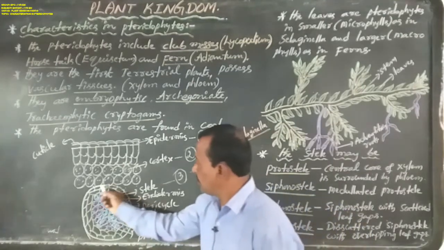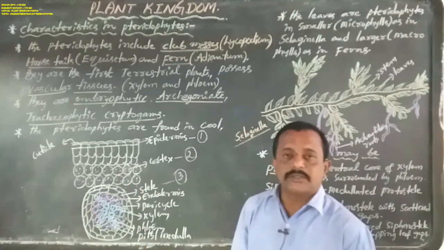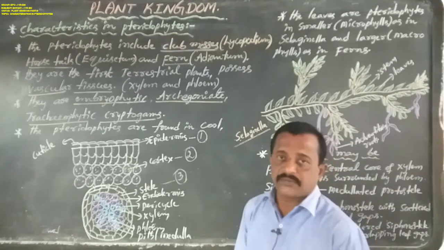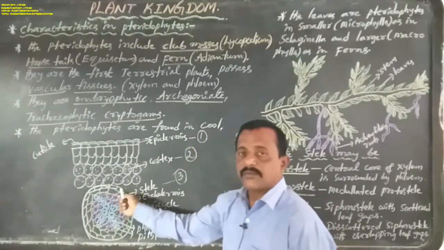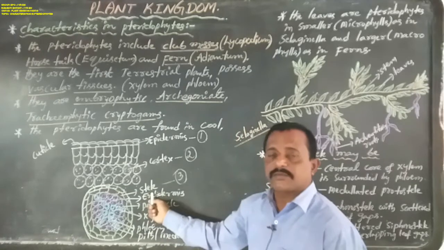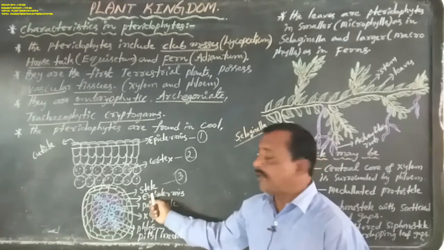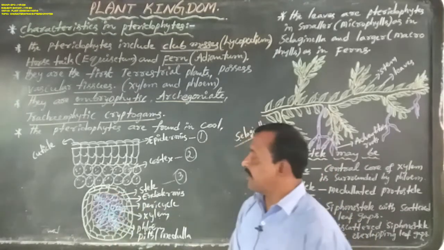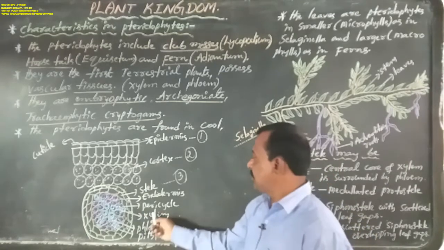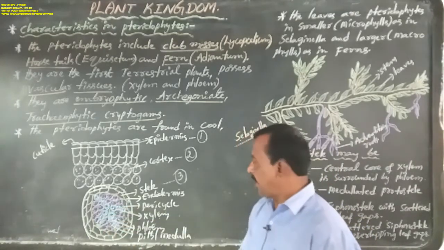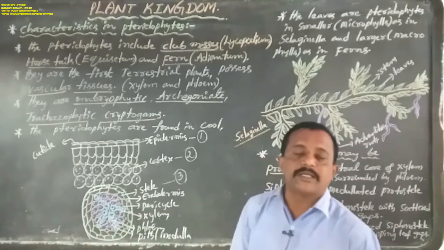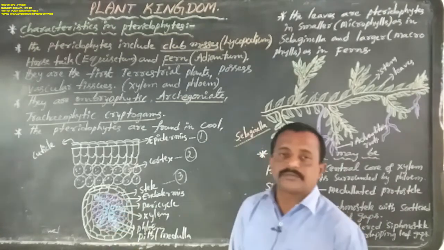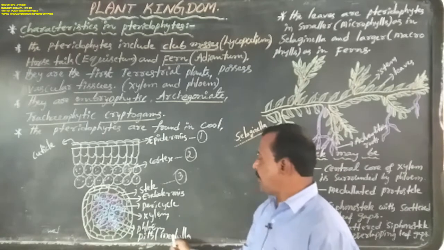Dear students, this is a stele, well developed in pteridophyte stems. The stele is covered by endodermis, which is a single layer, and the endodermis is below the pericycle, also a single layer. The remaining center of the stele is filled with xylem and phloem, and the center is occupied by pith or medulla.